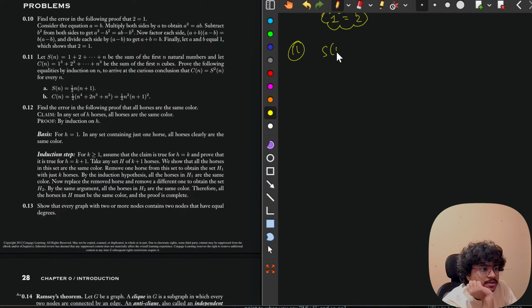Okay, there is a series of n elements. This is the sum of natural numbers. Let another series be the sum of cubes.